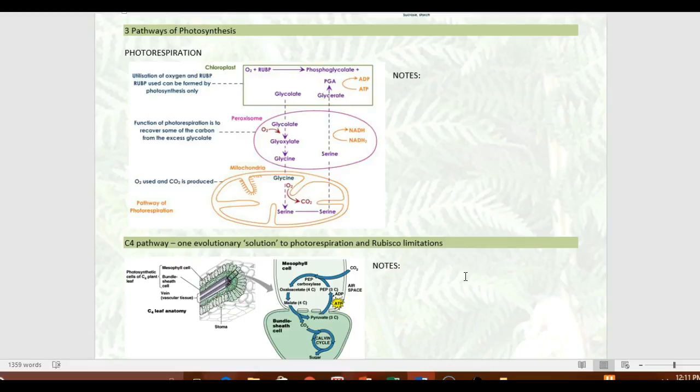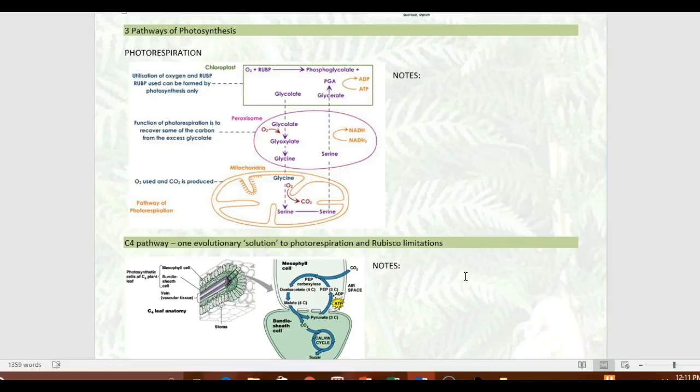So right where the enzyme not really malfunctions, I don't like to say it that way. It interacts with oxygen instead of carbon dioxide. It goes through that entire process just to regenerate back to PGA so that we can continue on around the cycle. Very energy inefficient, lots of organelles involved in the process.